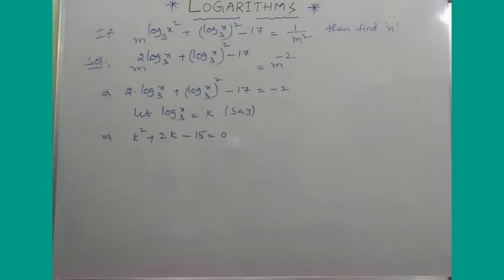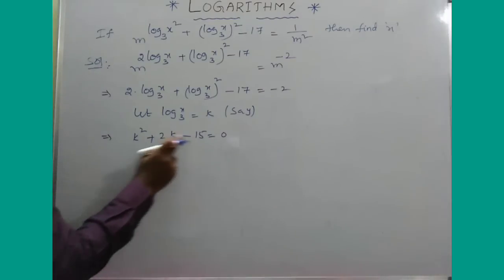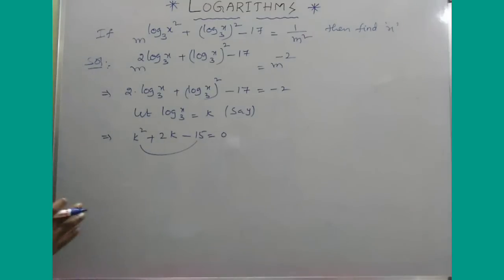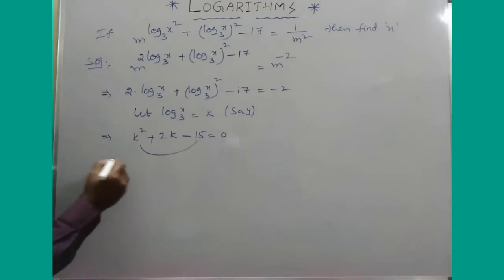So we got a quadratic equation. On multiplication we must get minus 15 k square, and on addition or subtraction we must get 2k. I think 5 and 3 are the factors, right?